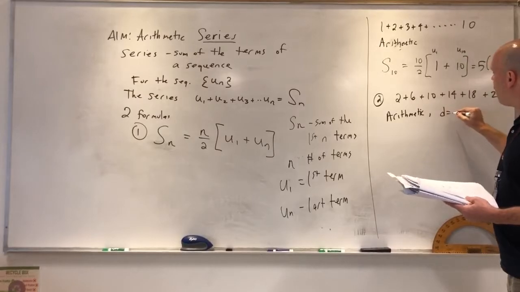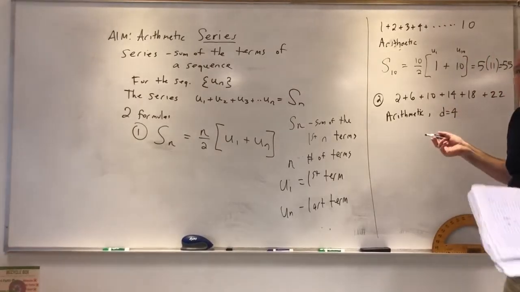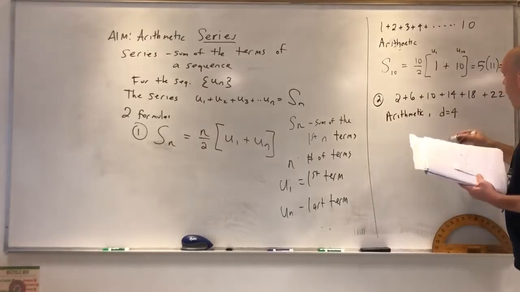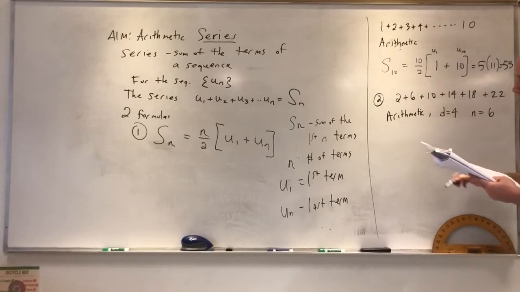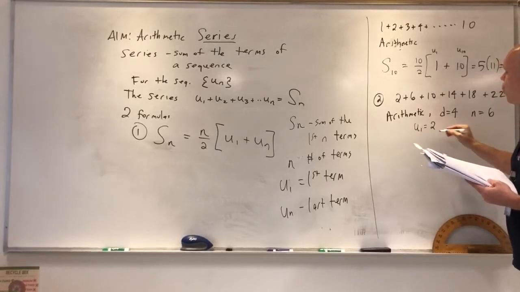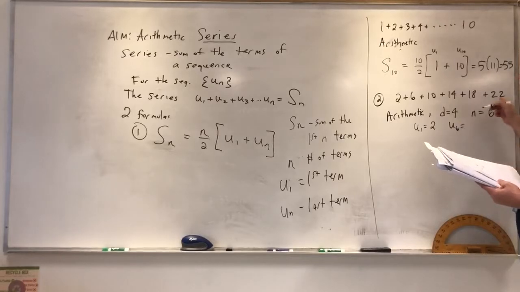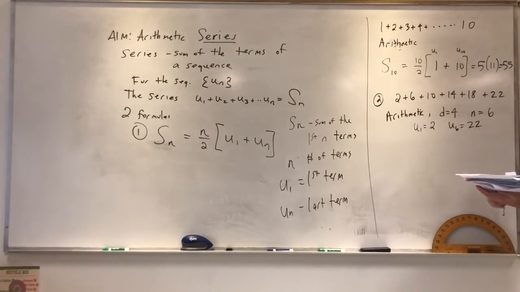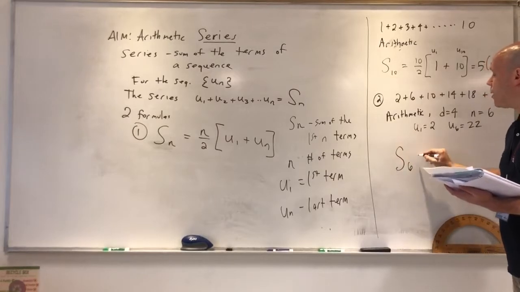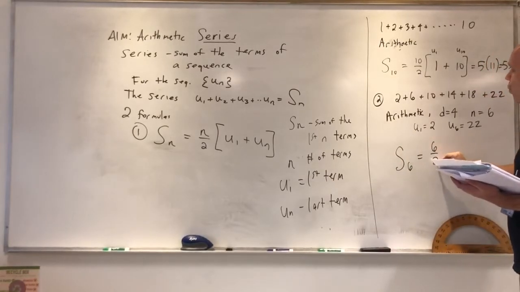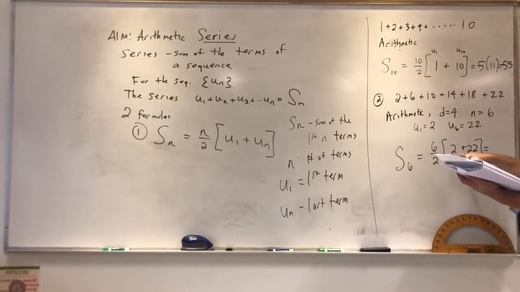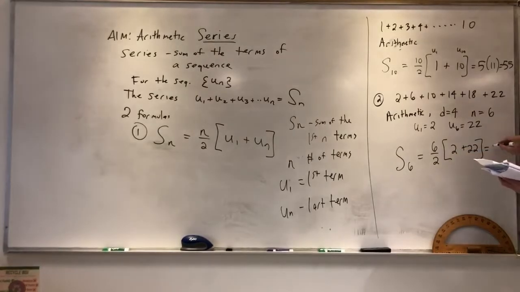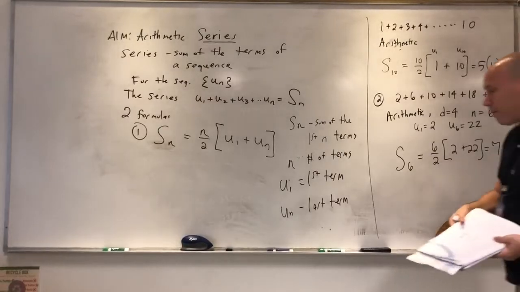The common difference is 4. There are 6 terms. The first term is 2 and the sixth term is 22. Therefore, the sum of the first 6 terms is 6 over 2 times 2 plus 22, which is 24 times 3, 72. Okay, let's move on.